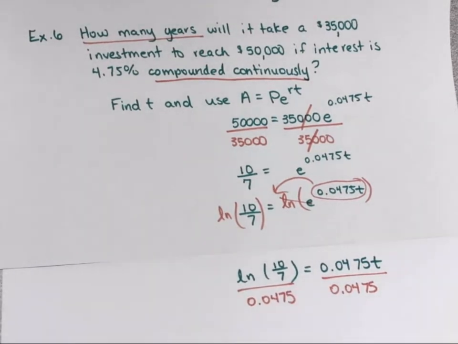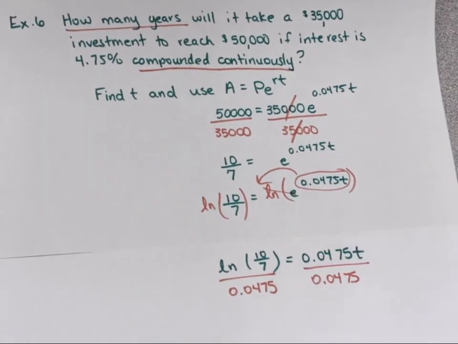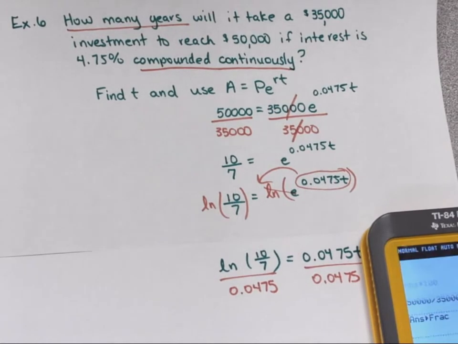And then we'll just do this one to 2 decimal places as well. Okay, so if you want to work it with me, you can, but it would be the natural log of 10 over 7. Or if you never had changed it, it would be the natural log of 50,000 divided by 35,000, same difference. Okay, and then you would divide that by 0.0475. And so notice that you get about 7.5 years.